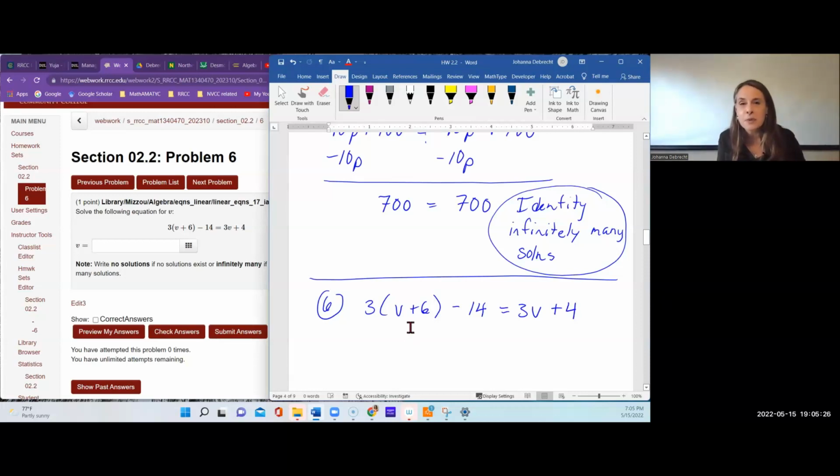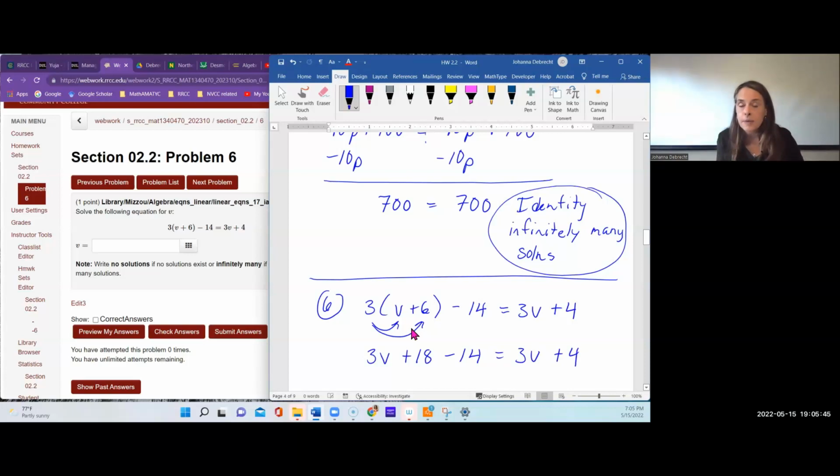Okay, so first we distribute. That gives us 3v plus 18 minus the 14, which was not a part of the parentheses, so it does not get distributed over, equal 3v plus 4.